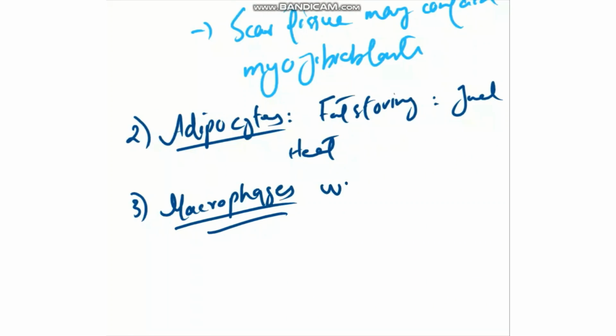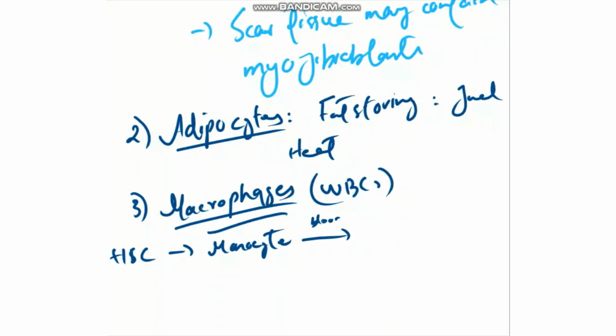Macrophages are white blood cells, right? And they emerge from monocytes. So a hematopoietic stem cell, HSC, inside the bone marrow would produce a monocyte, right? And this monocyte will travel from blood into its specific tissue, and then it would mature into a macrophage, right?